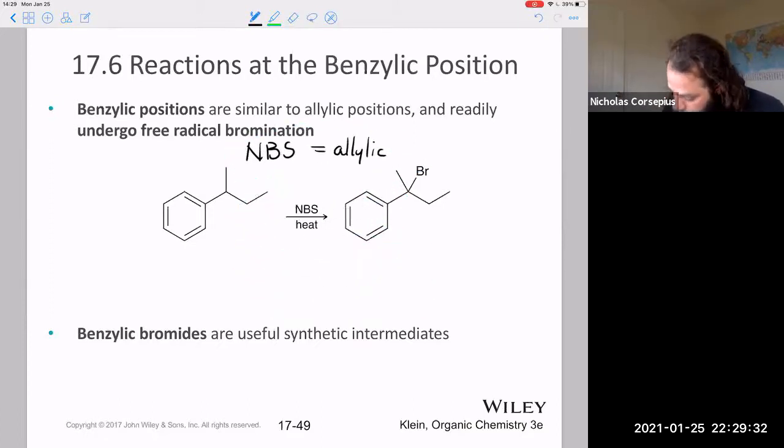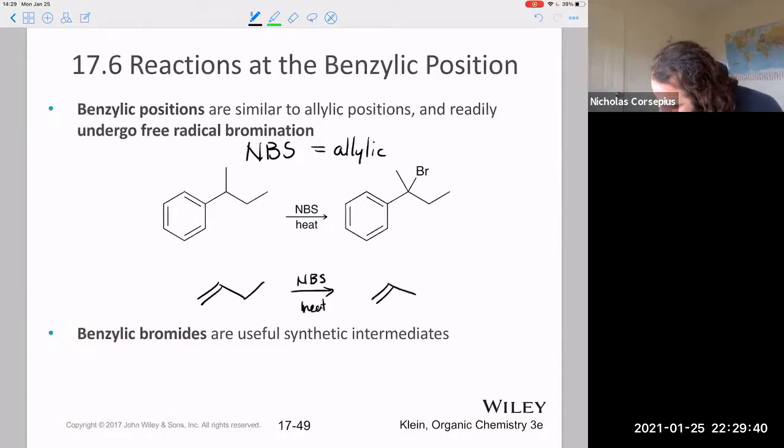When we first saw it, the first type of reaction we would have seen would have been reacting something like this with NBS and heat, and it brominates that allylic carbon. Same thing with benzylic compounds. NBS will brominate the benzylic carbon. So by adding NBS, I put a bromine in that benzylic position. Okay.